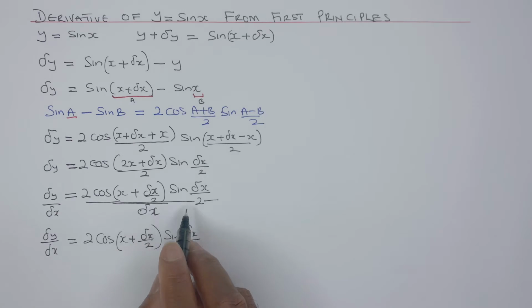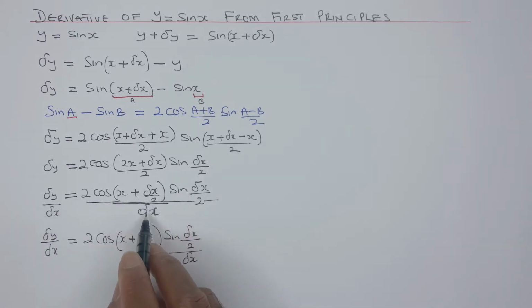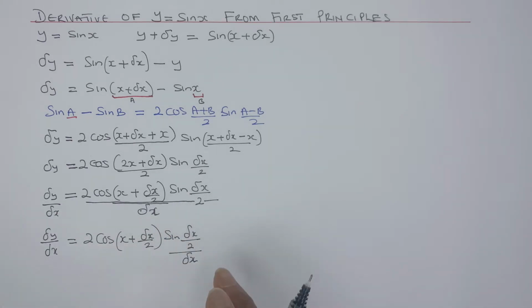That's that delta x, because these are multiplied. So I can put that over here. Now I can rewrite this.